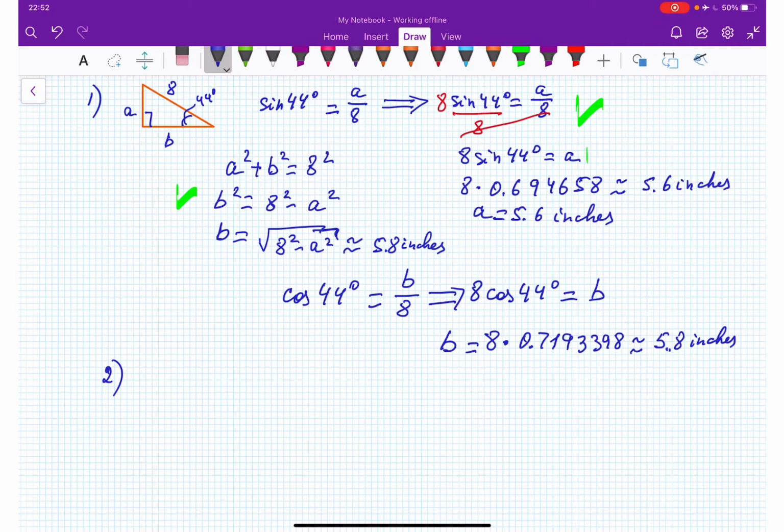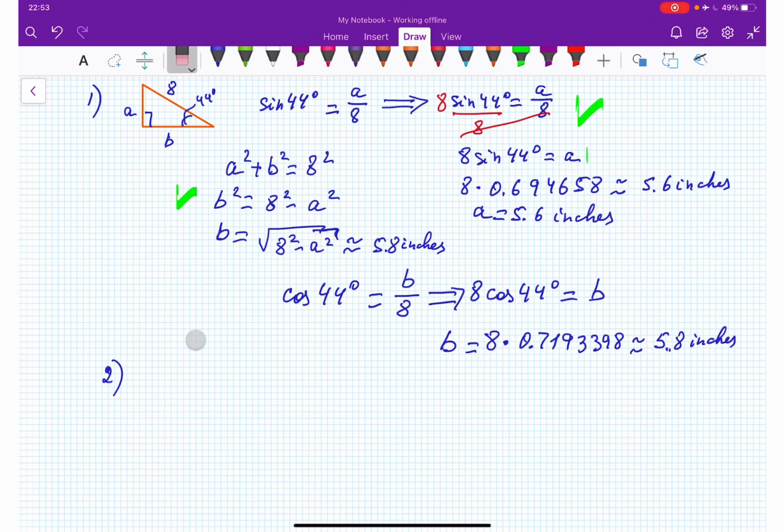So we found legs based on the trigonometric definition. Now let's find the hypotenuse based on a trigonometric function.